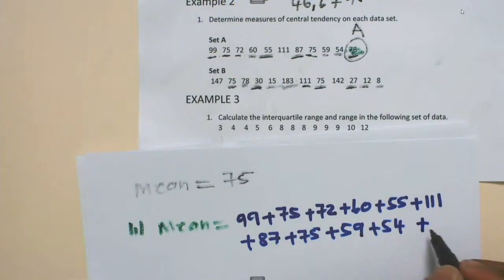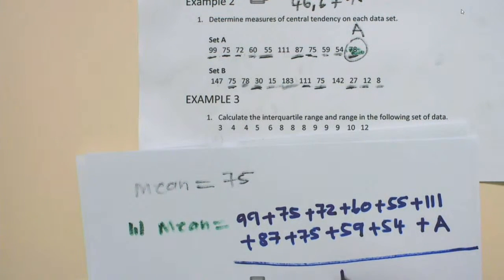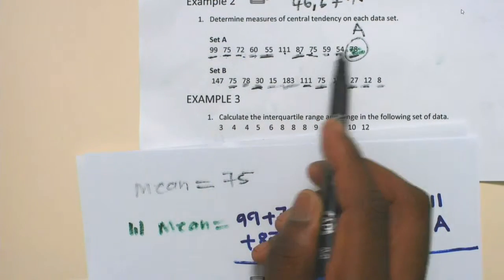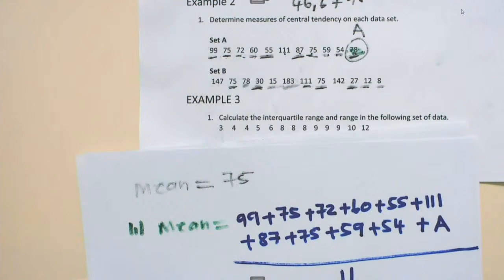Remember, I said we don't have 78. We are looking for it, and we labeled it as A. Then we divide by 11 because we have 11 data values in our data set: 1, 2, 3, 4, 5, 6, 7, 8, 9, 10, 11, including the unknown A.